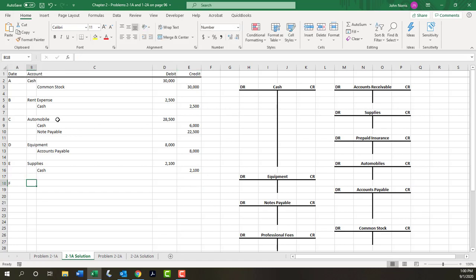F, paid cash for annual insurance policies. So this is prepaid insurance, and we paid cash. And the insurance was $3,600.